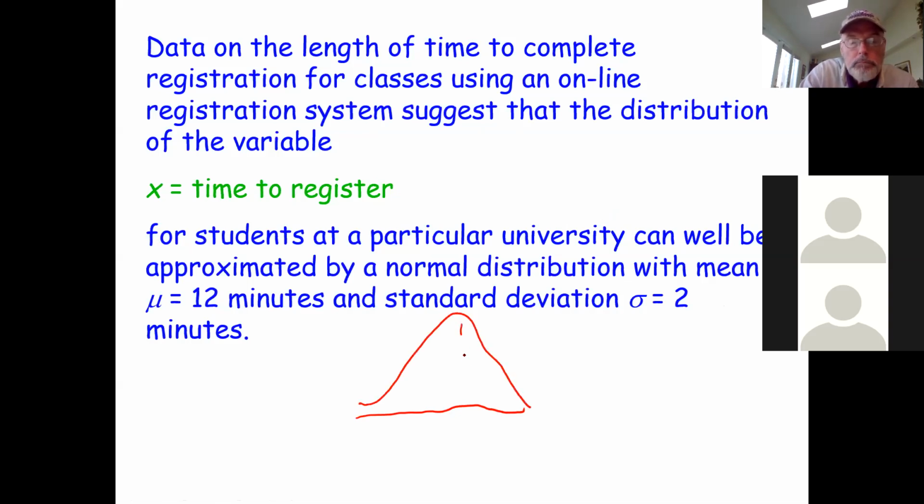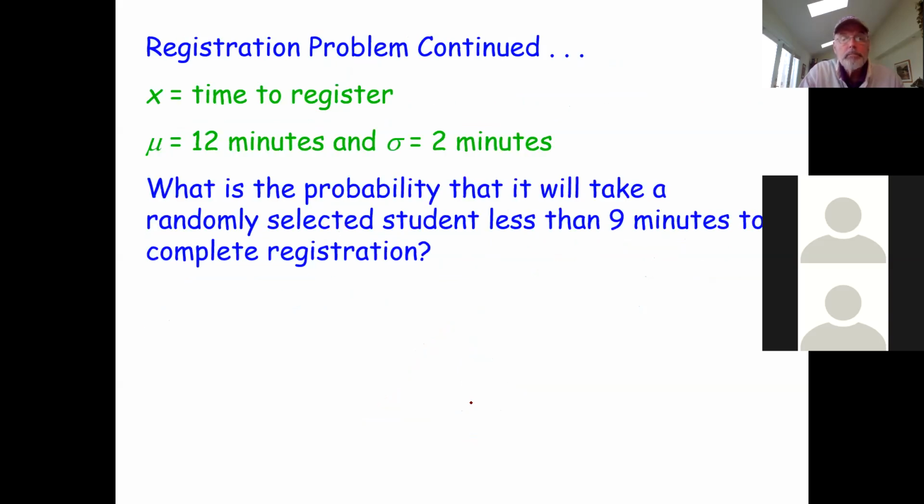So we have these values here, these parameters, and we want to randomly select a student that is less than 9 minutes through the complete registration.